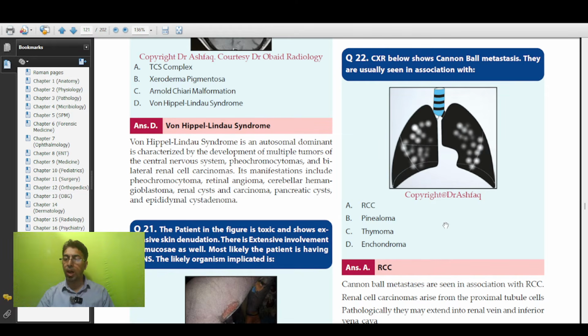So renal cell carcinomas tend to produce this characteristic feature, the cannonball metastasis in the lungs. So after a patient is diagnosed with RCC, usually you should do a scan of the lungs and look for cannonball metastasis in the lungs.